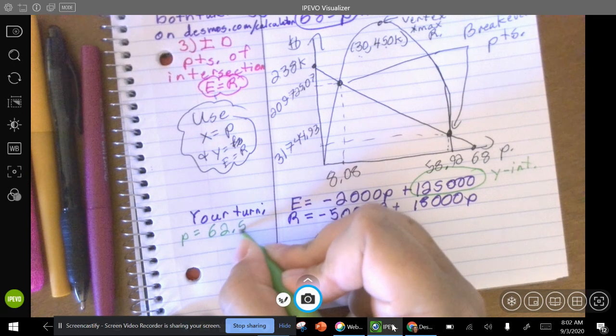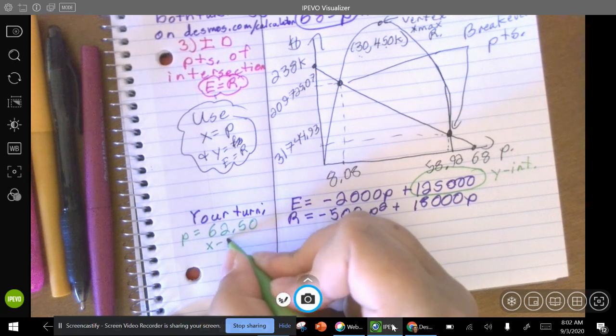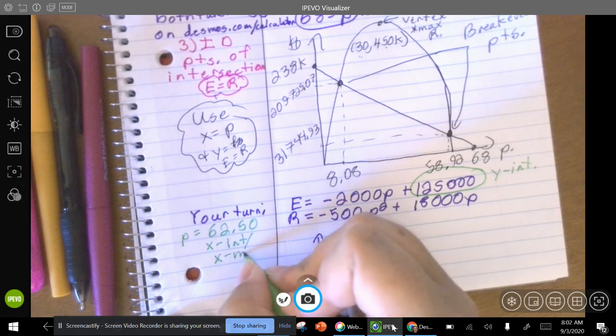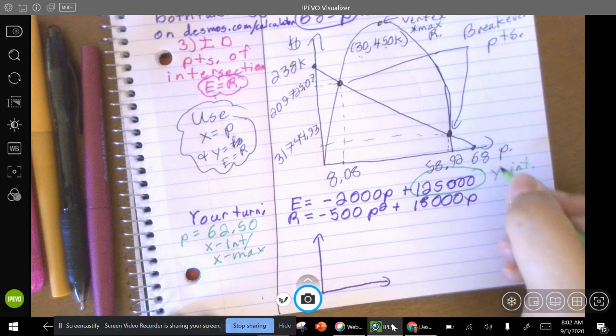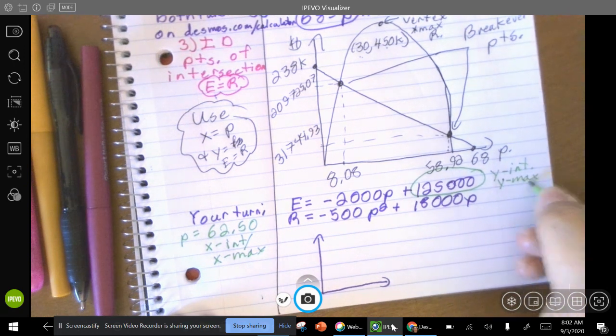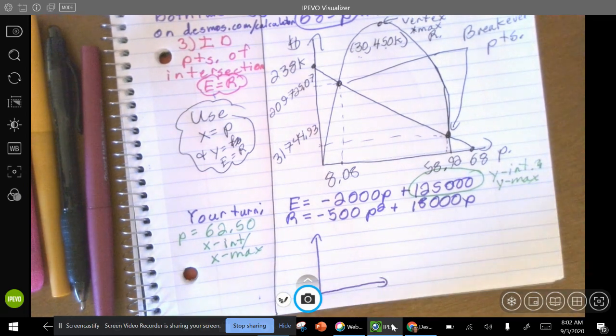I got $62.50. Okay, that's the x-intercept or x-max, or y-maximum. So this is just for expense.